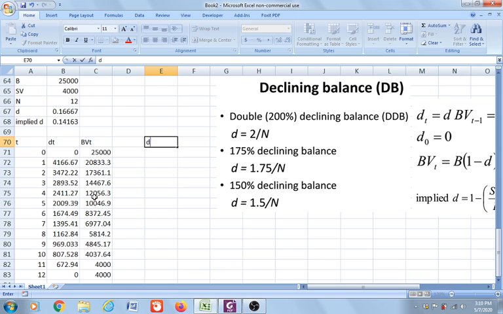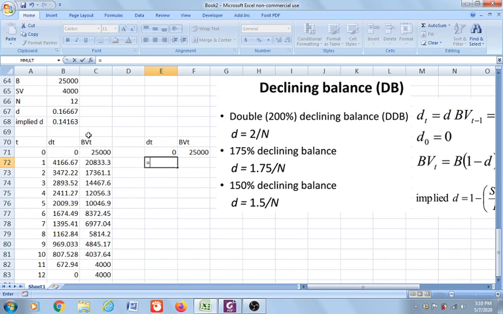Now we calculate DT and BVT with the implied D. DT in year 0 will be 0, and BVT will be the same as the basis, which is 25,000. Now with the implied D, what is DT?